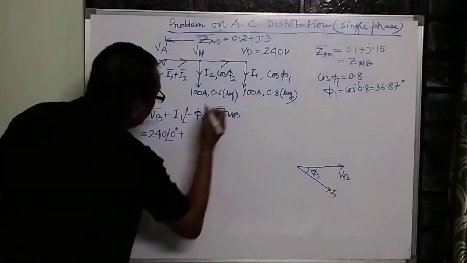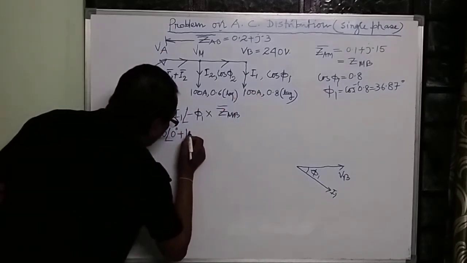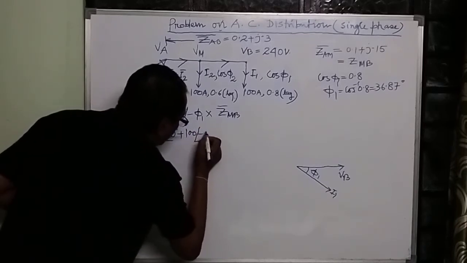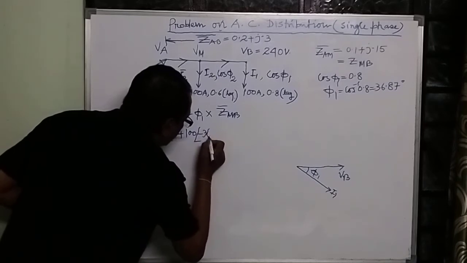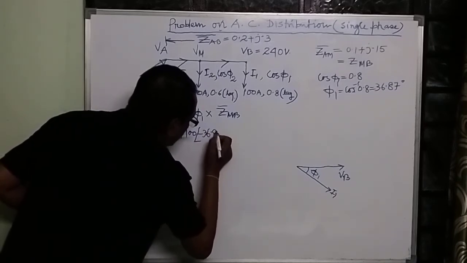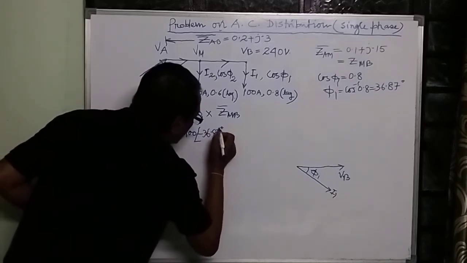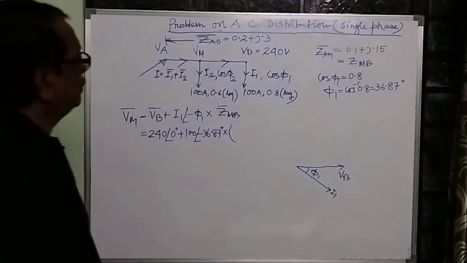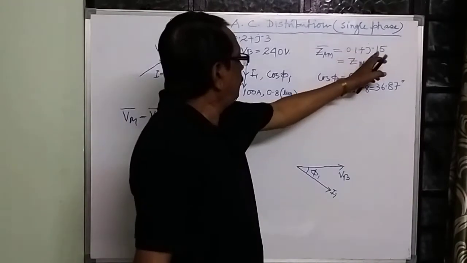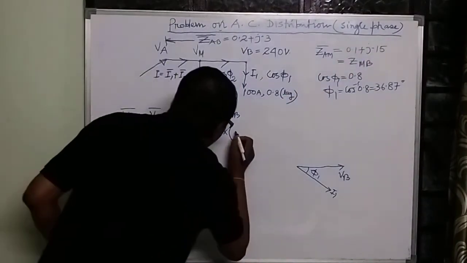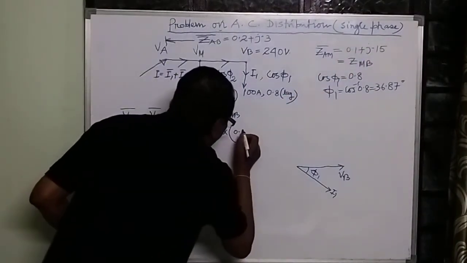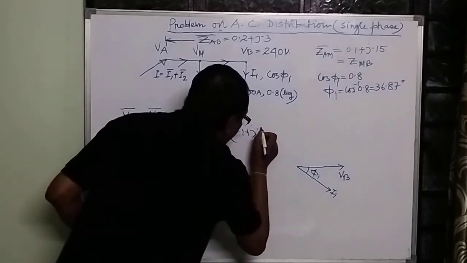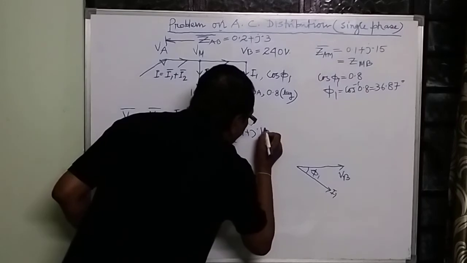I1 given 100 ampere, angle minus 36.87, multiplied by ZMB section, 0.1 plus j0.15.